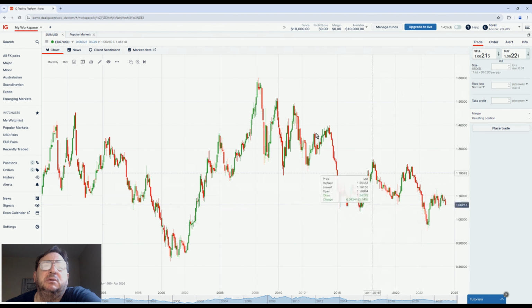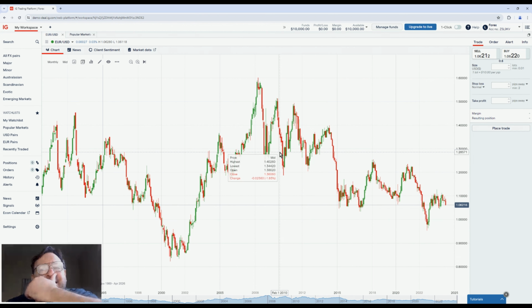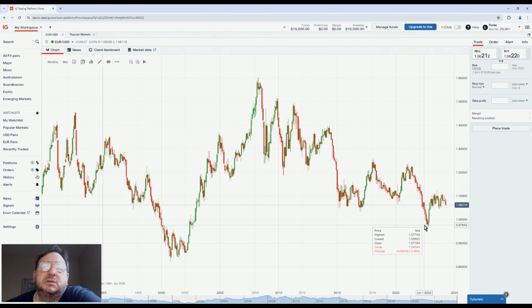Now this is euro. Sometimes it looks strange because Americans stopped using gold for the dollar value, but euro is kind of on the side of gold. But gold recently went up. To me, euro should go up.